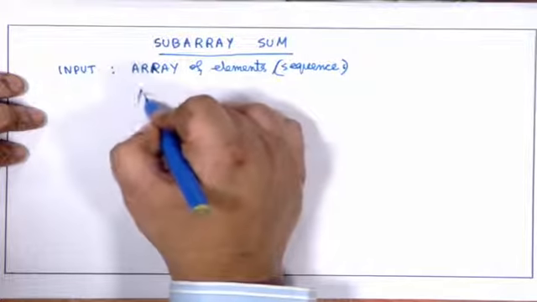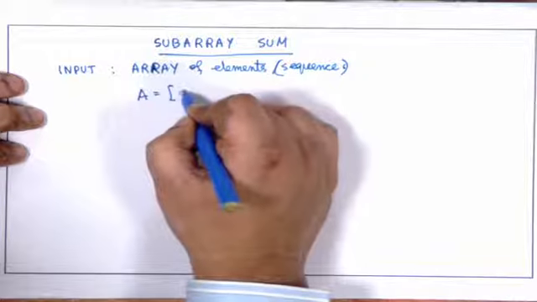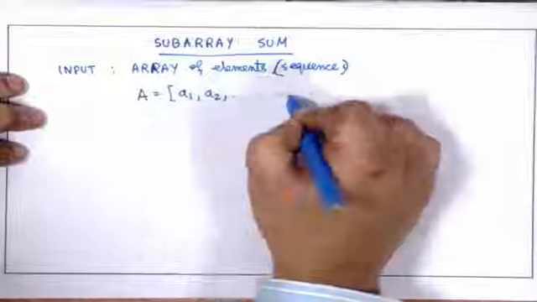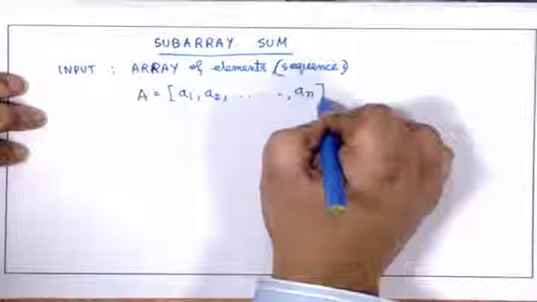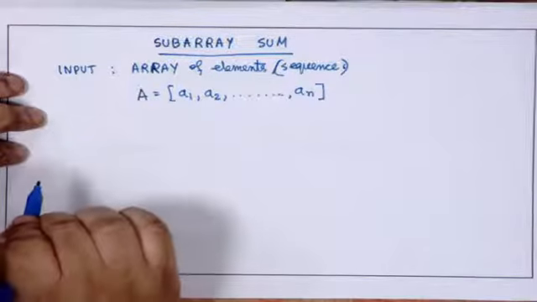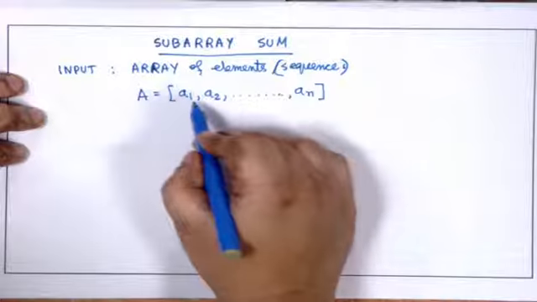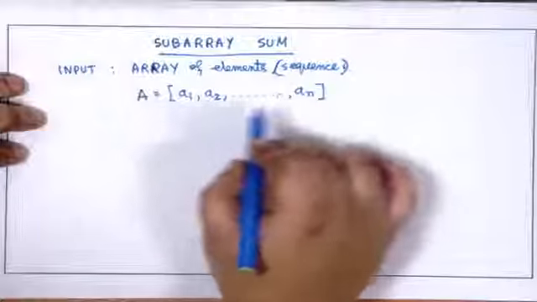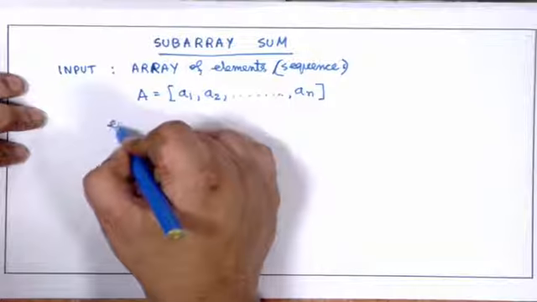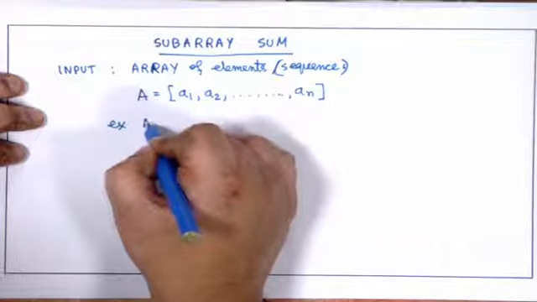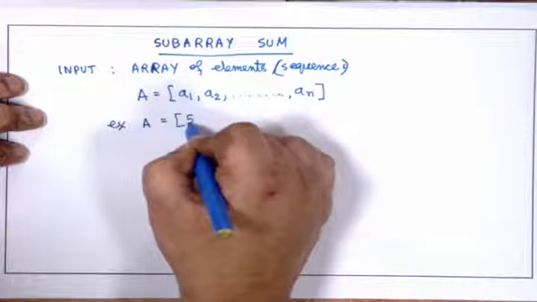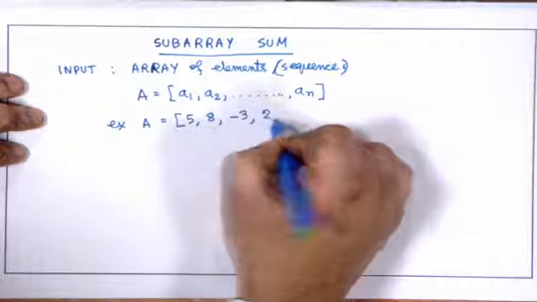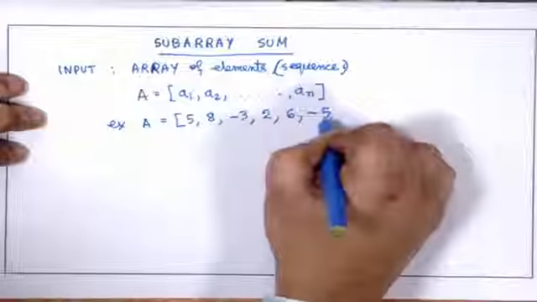It is an array A which is sequenced as A1, A2 to An, and this is a sequence, it is ordered, there is an ordering amongst them, but that does not mean it is sorted or in any other order. So, for example, A could be 5, 8, minus 3, 2, 6, minus 5, 1.